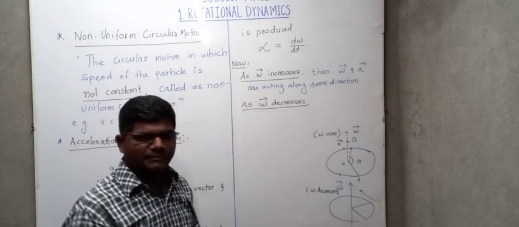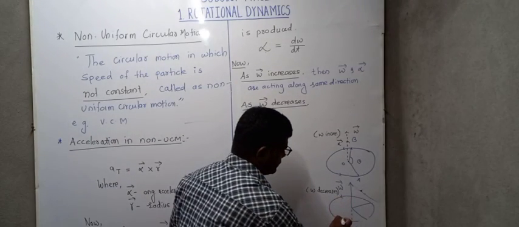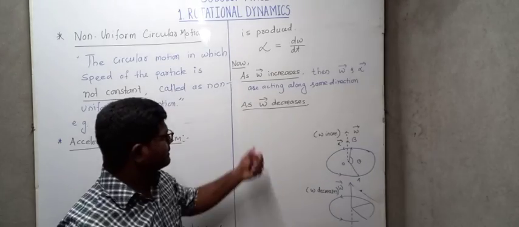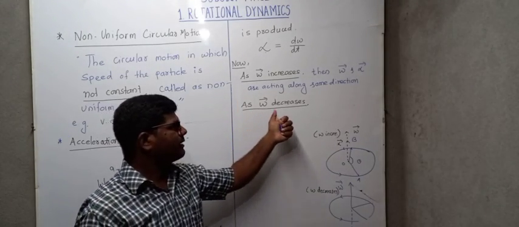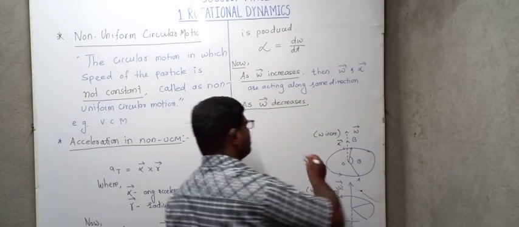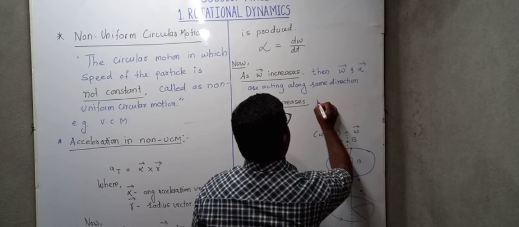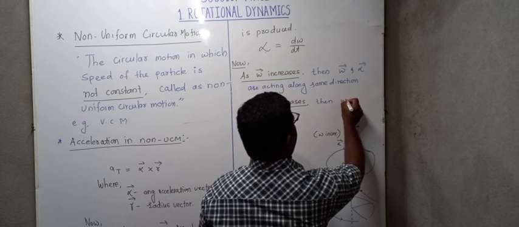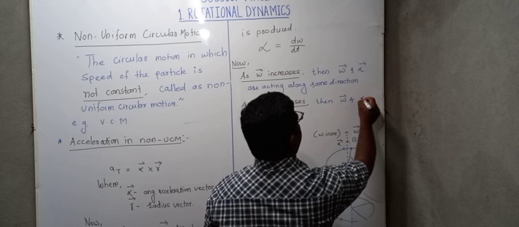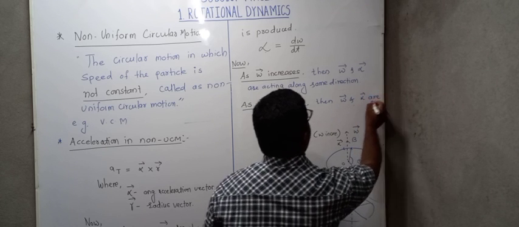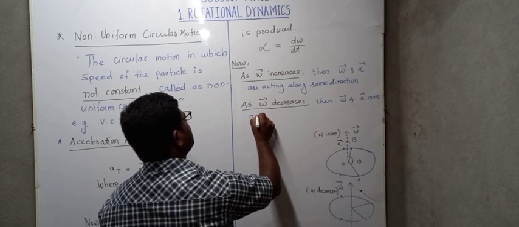Do you understand the difference between these two cases? In the second case, as omega bar decreases, omega bar and alpha bar are oppositely directed.